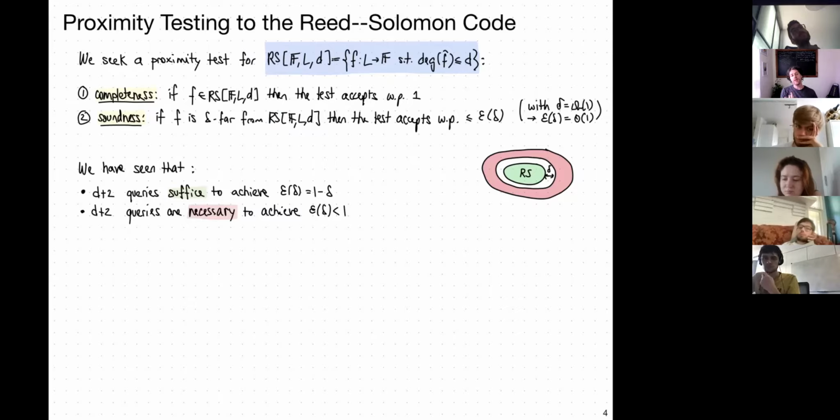And the reason why is because, think about it, if you take D+1 points, then any values on those D+1 points fit a polynomial of degree D. There will always exist a polynomial of degree D which matches D+1 points wherever we query it. So anything that we'll see will look to us like a low degree polynomial unless we reach this threshold of looking at D+2 points.